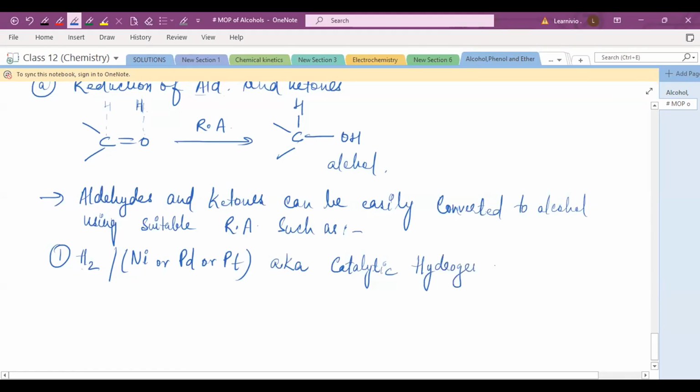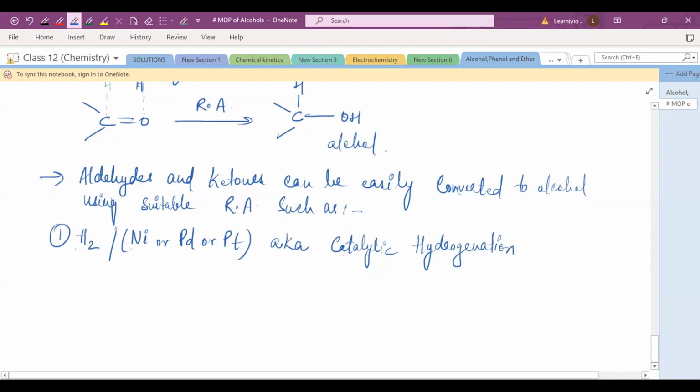Hydrogenation is addition of hydrogen in the presence of catalyst. Okay, so catalytic hydrogenation in the presence of the catalyst like your nickel, palladium, or platinum.